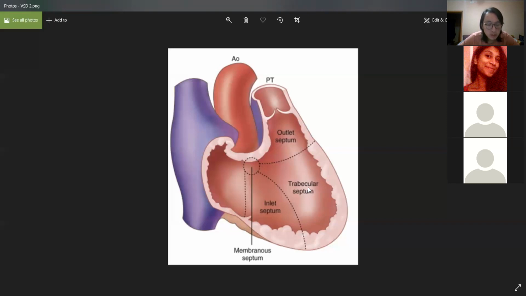Next, the third type is the outlet septum VSD, or outlet VSD. It accounts for about 5% of all VSDs.